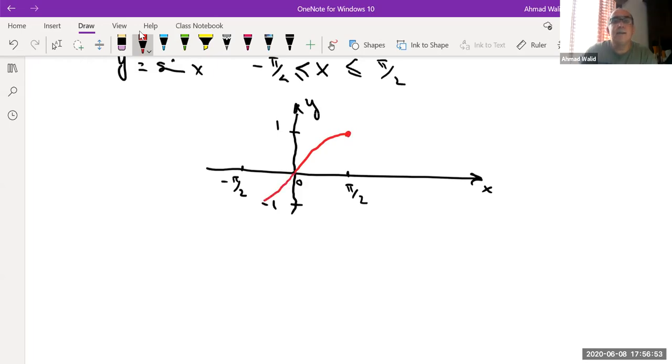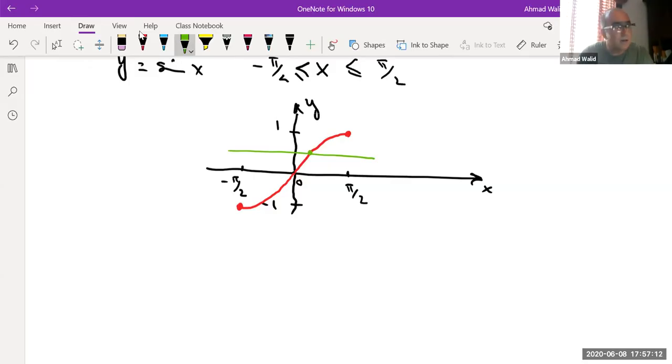And because it is greater than or equal to negative pi over 2, I will use another closed circle here. If I restrict the domain of the graph of sine, it becomes one-to-one, because if you do a vertical line test here, you only intersect the graph once.